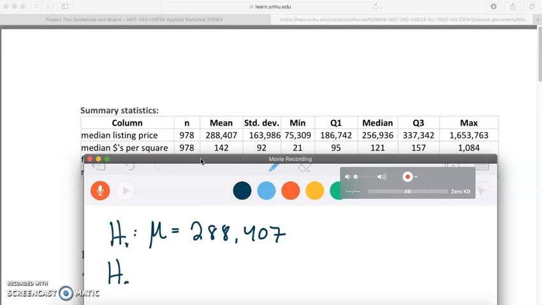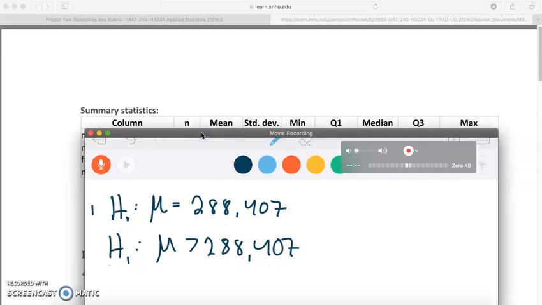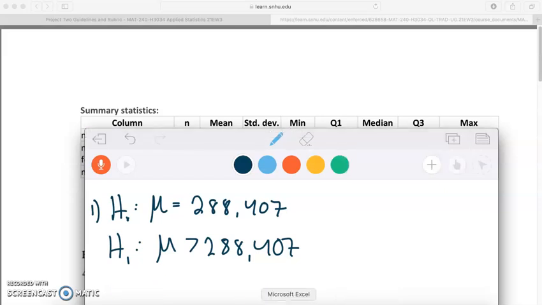Then our alternative, you'll see both notation with A and a 1. I'm going to put a 1 only because it's really hard to see the A on here. We want to test to see if ours is higher. Okay, so that's for the first test, the one-tailed test. Let's go ahead and take a look in Excel at that one really quick.